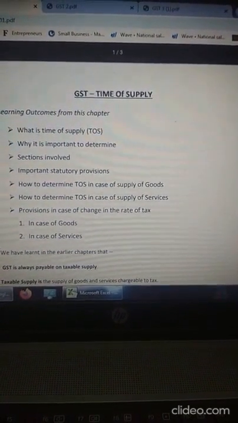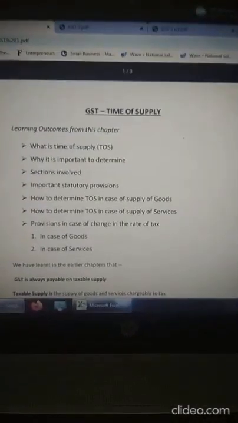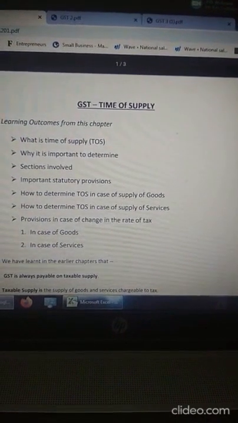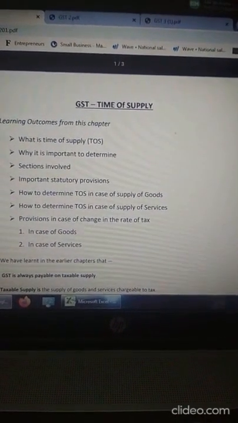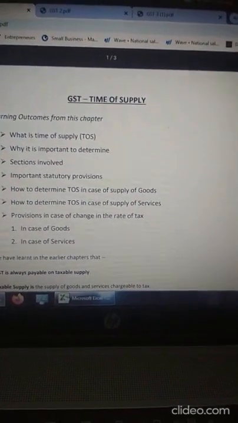So my topic to explain for GST is time of supply. To understand the time of supply, we need to focus basically on these questions. If we clarify these questions, this will help to understand the topic.